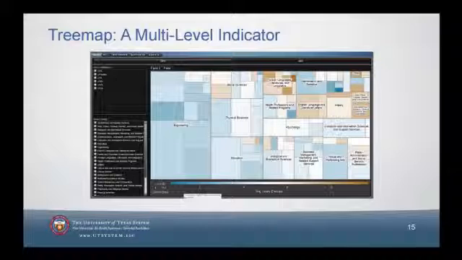So this particular picture shows time to degree for PhD programs. Each square represents a major, and the biggest squares mean that we have the most students in that major. The smaller squares mean we have fewer, and the blue squares are students who are quickly moving through their degree program, whereas the brown to gold squares are those students who are not moving as quickly through the degree program.